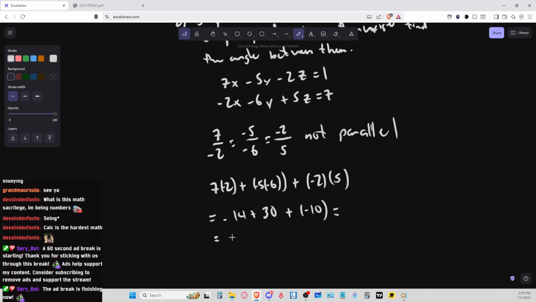So that will leave us with negative 24. 24 plus 30. And that would just give us positive 6. So not perpendicular. So now we gotta just find the angle between them.